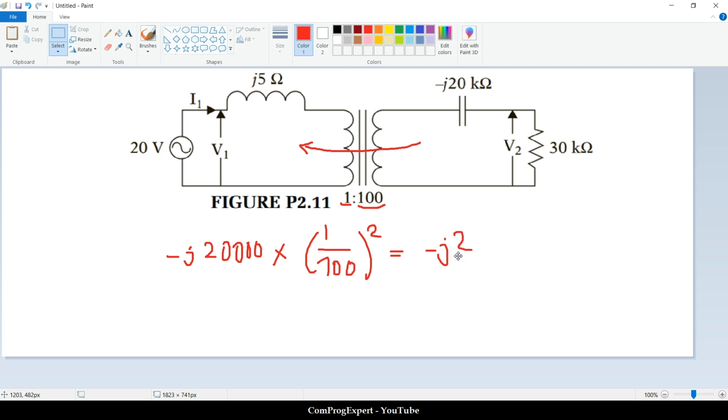Yes. How can we transfer this resistance? Using the same equation. So this is 30 kilo ohm, or 30,000, times 1 divided by 100 to the power 2, that is equal to 3.